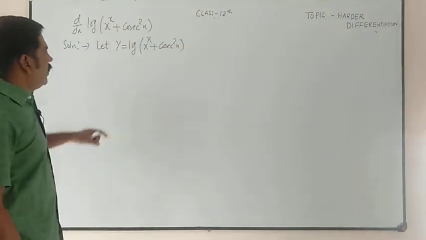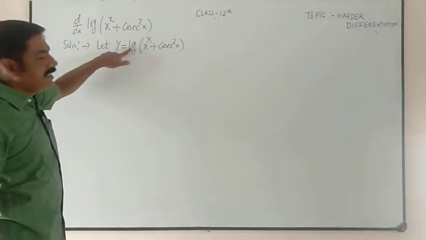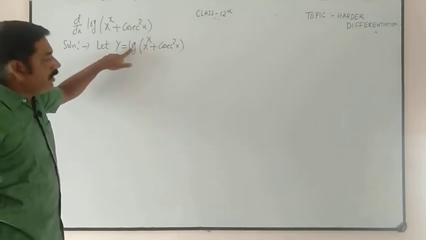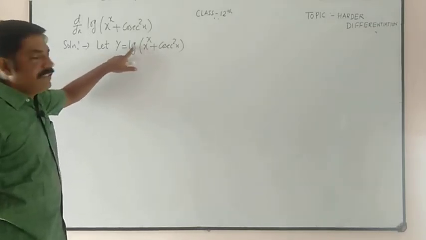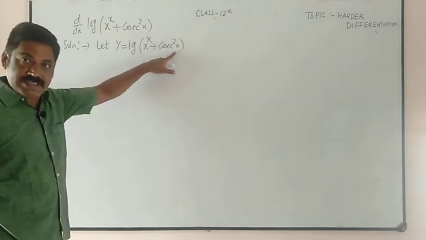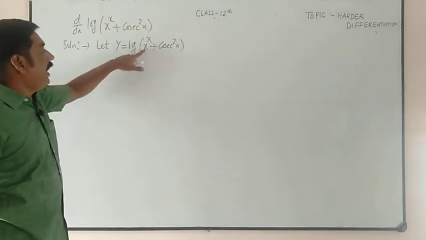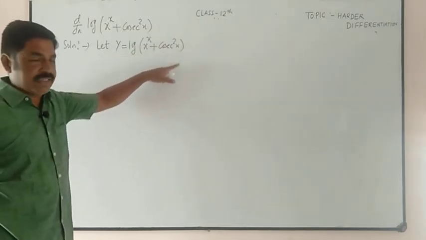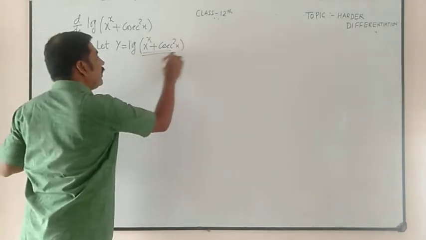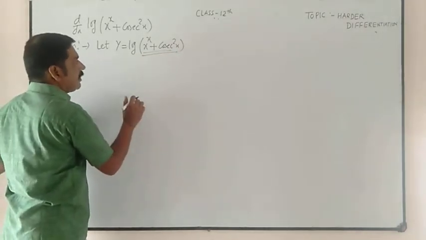So first of all we differentiate this log. We know the differentiation of log x, but not of x raised to x plus cosec square x. So we have to take this function as t.